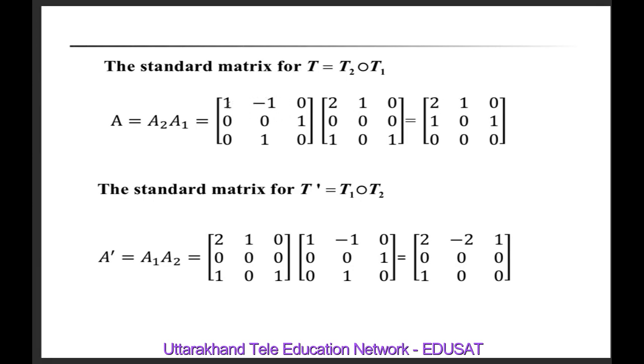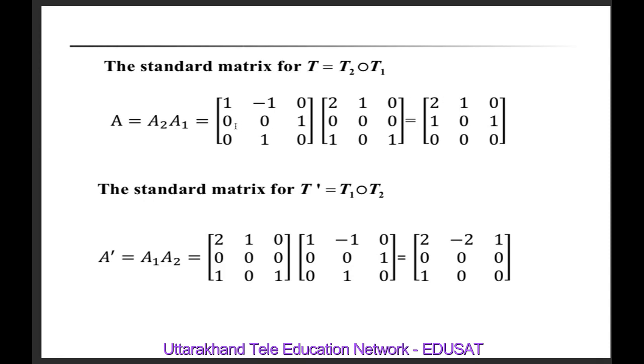Then for the second element in the first row, with the second column: 1 into 1, minus 1 into 0, 0 into 0, we get 1. For the third element in the first row: 1 into 0, minus 1 into 0, 0 into 1, the result is 0.